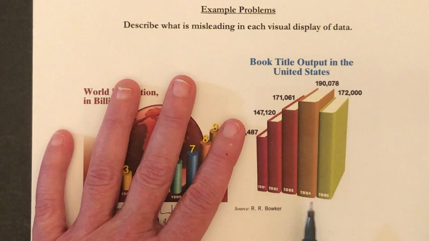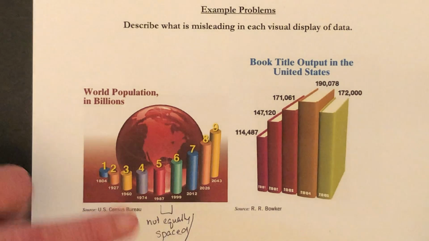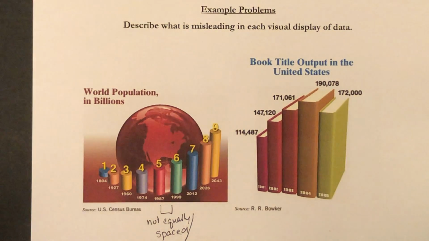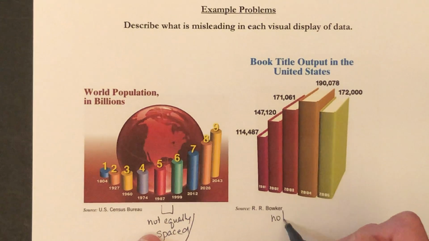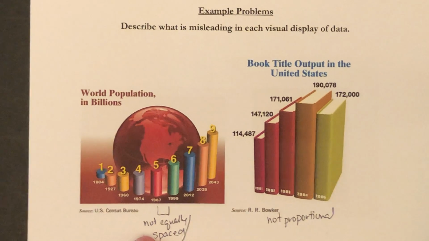These are drawn in 3 dimensions. So it's the volume that's changing, not the area. And that's even worse. Because if you make a book taller and wider and thicker, then that's a big difference than if you just make it a little bit taller. So again, it's not proportional. So it's just things to be aware of.